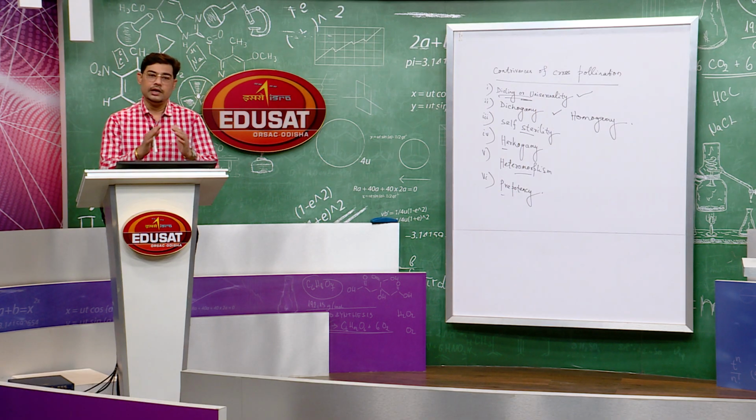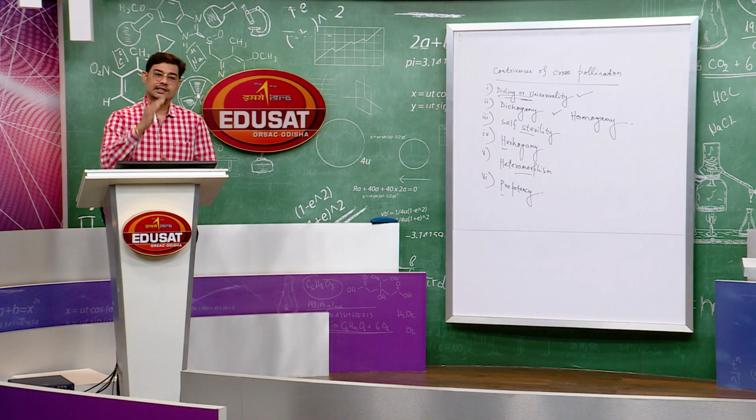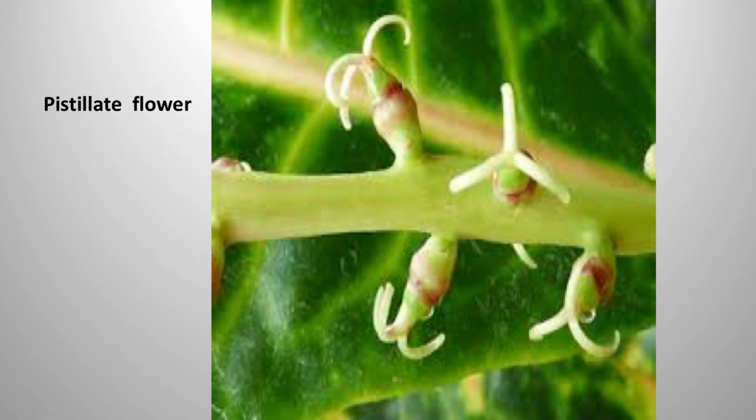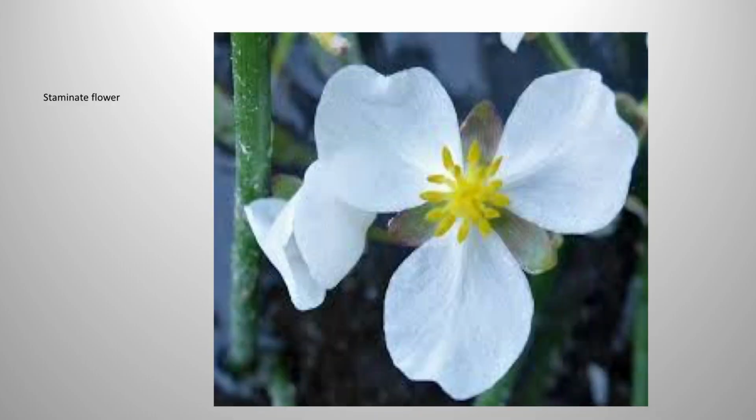So, cross pollination is the rule of these diclinous plants, dioecious plants. Now, this is a pistillate flower, that means only female flower in case of grape. This is a staminate flower, you can mark the flower only bears the male sex organ, I mean the male part, that is androecium or stamen.